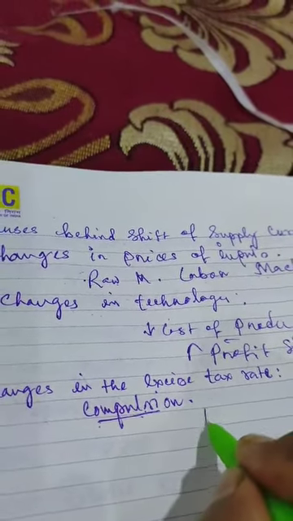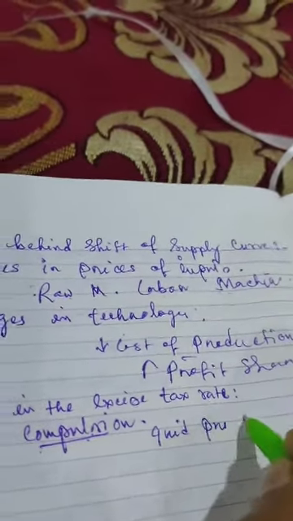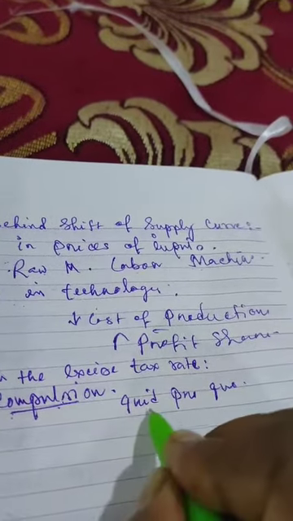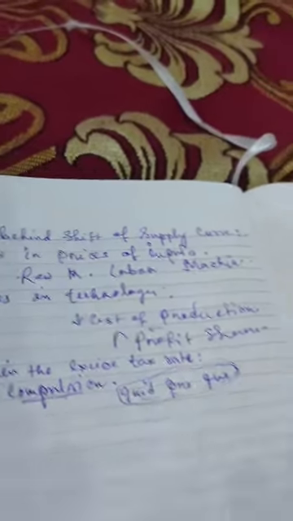Quid pro quo is a term which means there is no direct return from the tax.